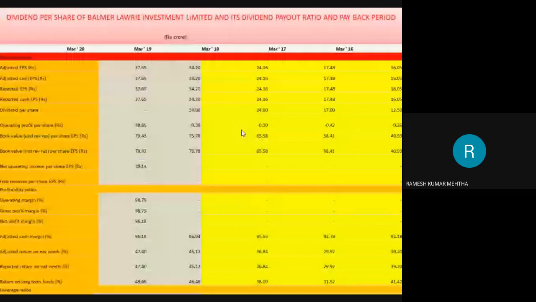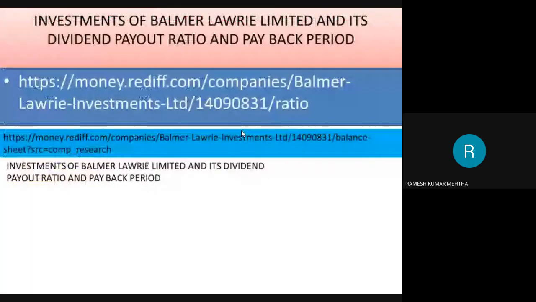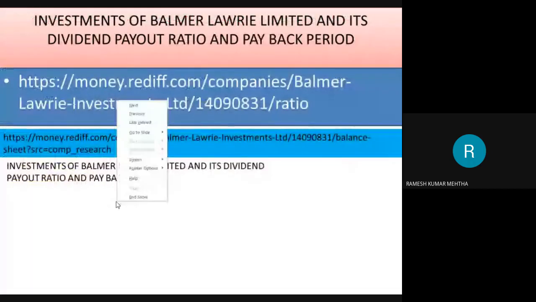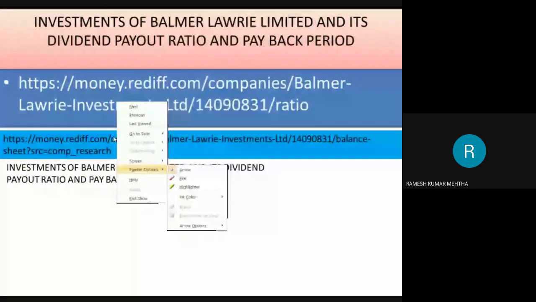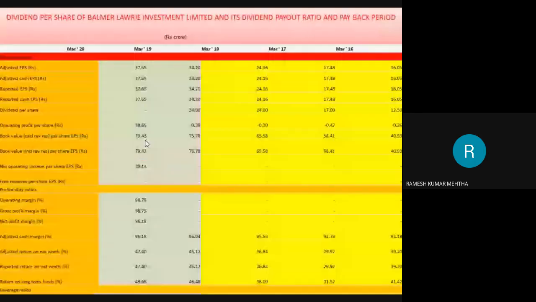Now I am going to give another example of a company called Balmer Lawrie Investments Limited. Now we will see one important concept called dividend payout ratio.